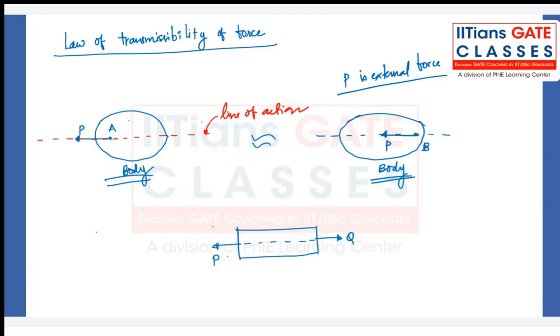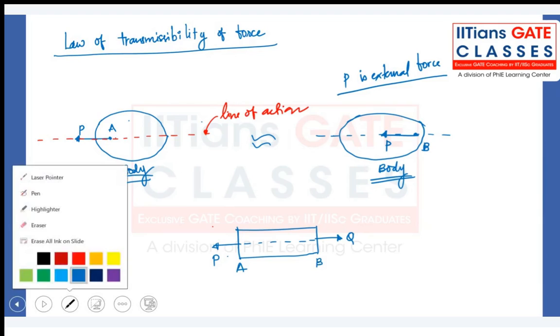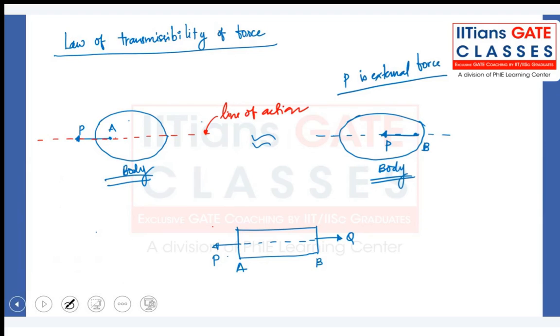But if I apply the law of transmissibility of force on this, what will happen is, let's say at points A and B, the force P I apply like this here, and force Q if I apply here, according to the law of transmissibility of force, it is correct.